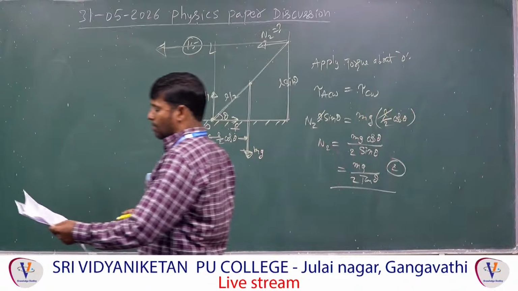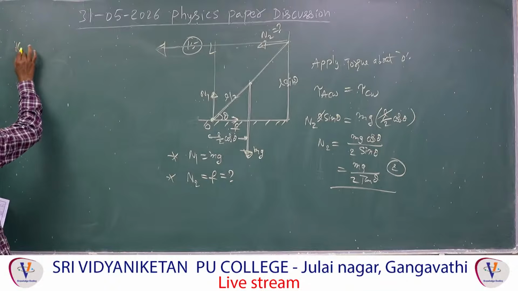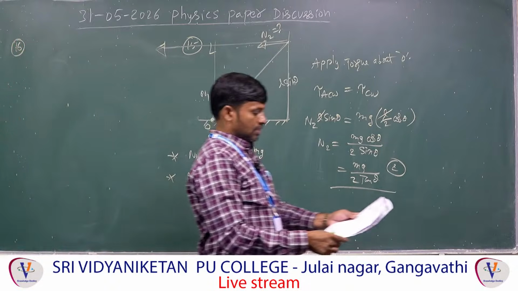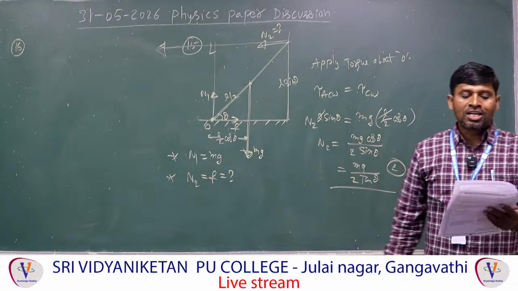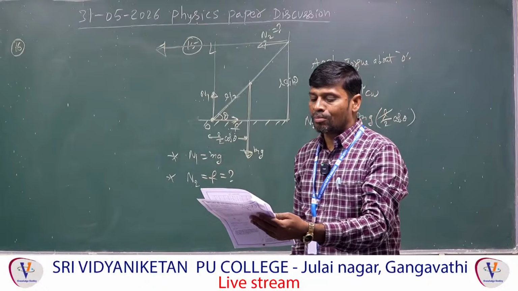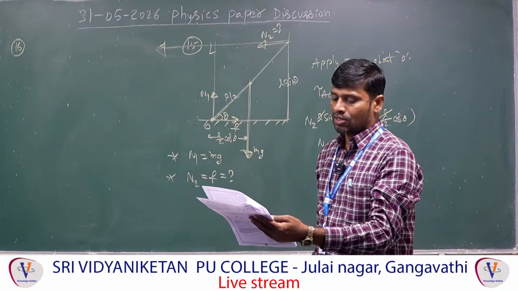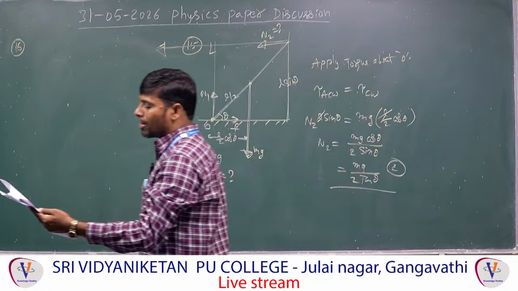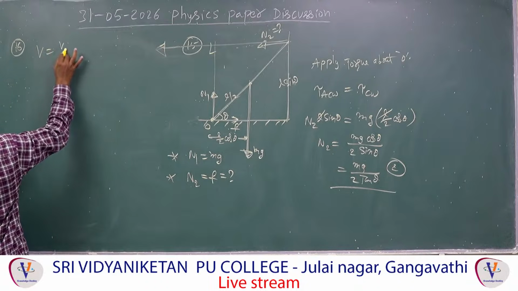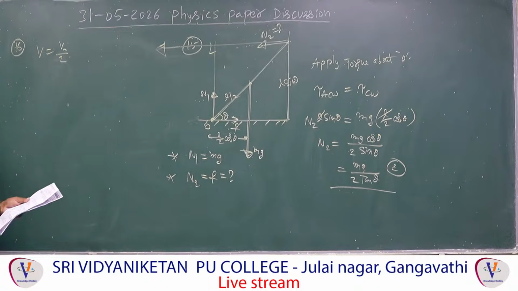Now question number 16. An object of mass m is projected vertically upwards with a velocity v0 by 2 from the surface of the earth. What is the maximum height reached by the object from the surface of the earth? Here v0 is the orbital velocity, but the given velocity is v0 by 2.